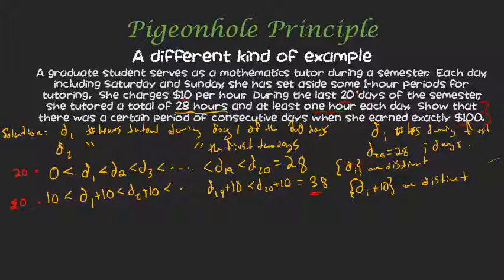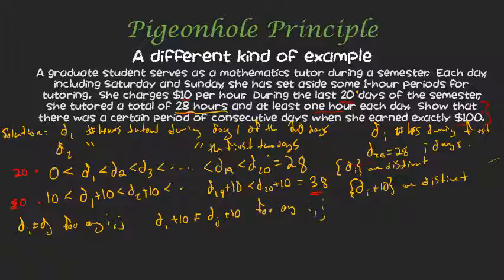And so what that means is that there has to be at least 2 of these numbers that are the same. Now, we know that the D sub i's themselves can't be the same as another D sub i, so D sub i is not equal to D sub j for any pair i and j. And we also know the same thing with the D sub i plus 10s because those are distinct. So D sub i plus 10 is not equal to D sub j plus 10 for any i and j.